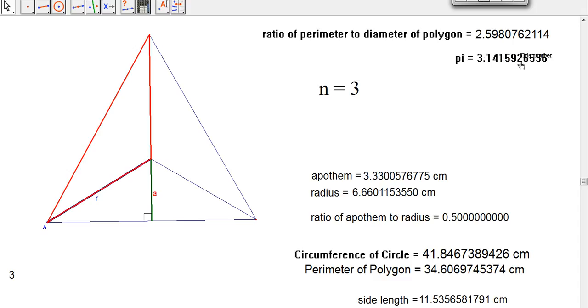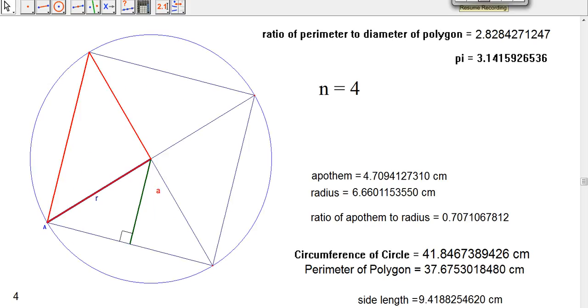Up here I've got the measurement of pi, or at least an approximation, and right above it the ratio of the perimeter of the polygon to the diameter of the polygon. So the diameter of the polygon, well, it doesn't make as much sense when there's 3 sides, but if I add a side and make it 4, you'll be able to see how that starts to make sense.